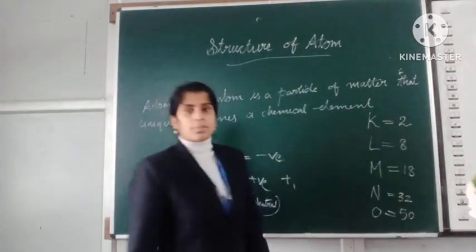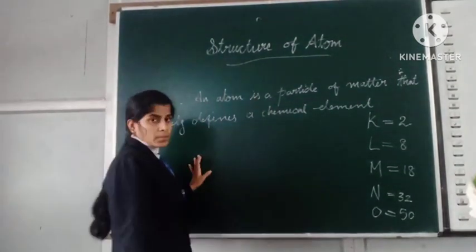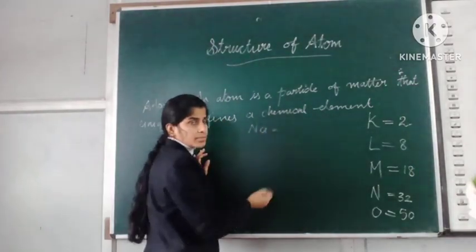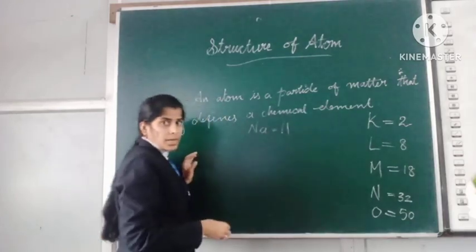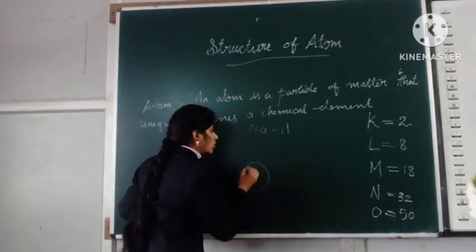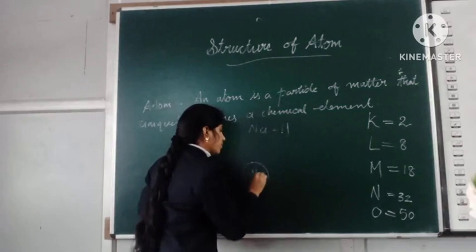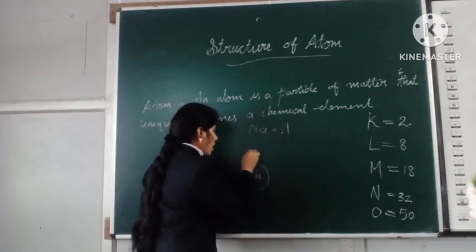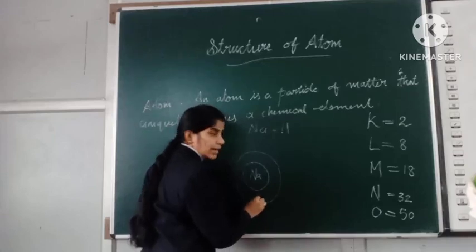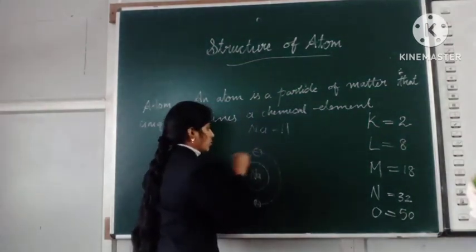For example, sodium. What's the atomic number of sodium? 11. The center core is always the nucleus. The first shell, the K shell, accommodates how many electrons? 2 electrons; it has the capacity for only 2 electrons.